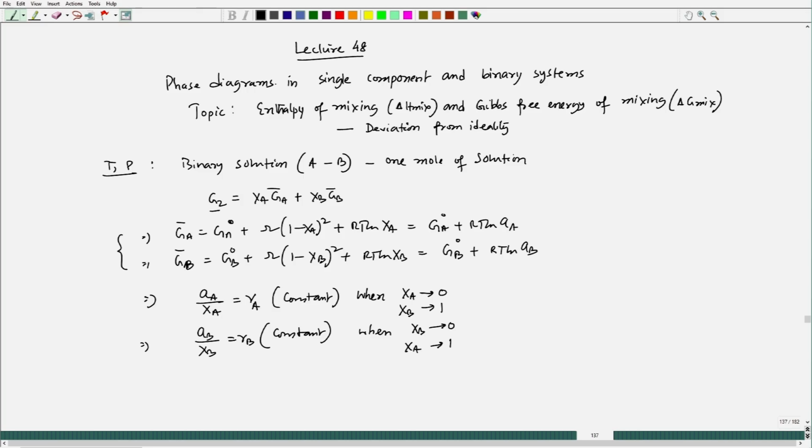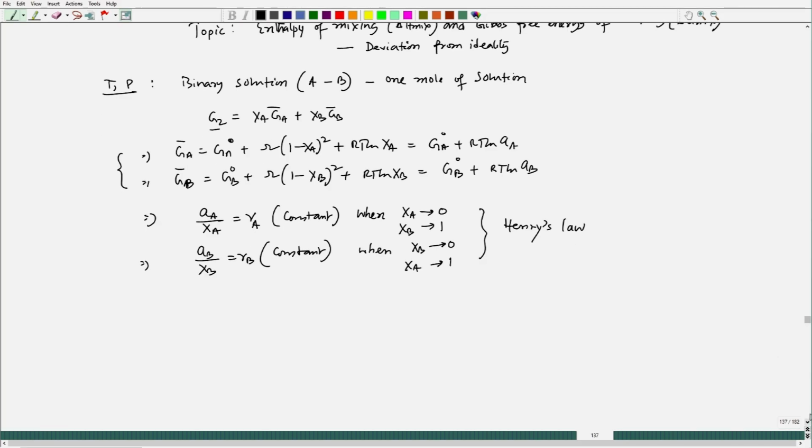So, these are basically Henry's law. If you recall, when we plotted Henry's law considering activity, we took gamma A and gamma B to be constant, but now it is proven why it is constant, and we can plot that and show how these two equations would be expressed graphically.